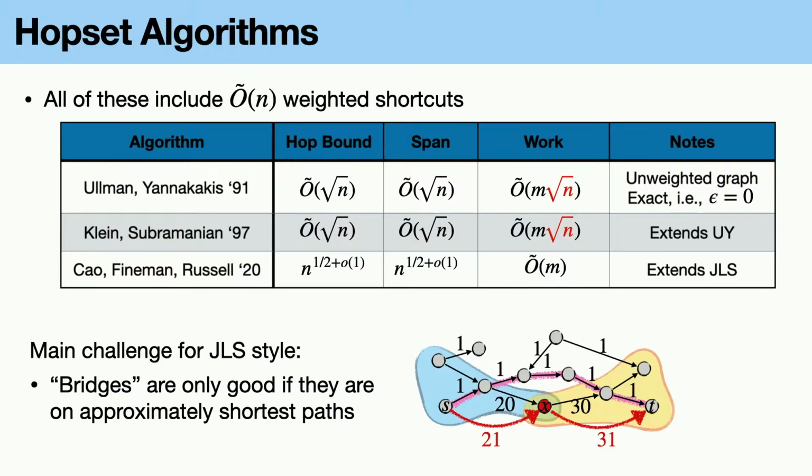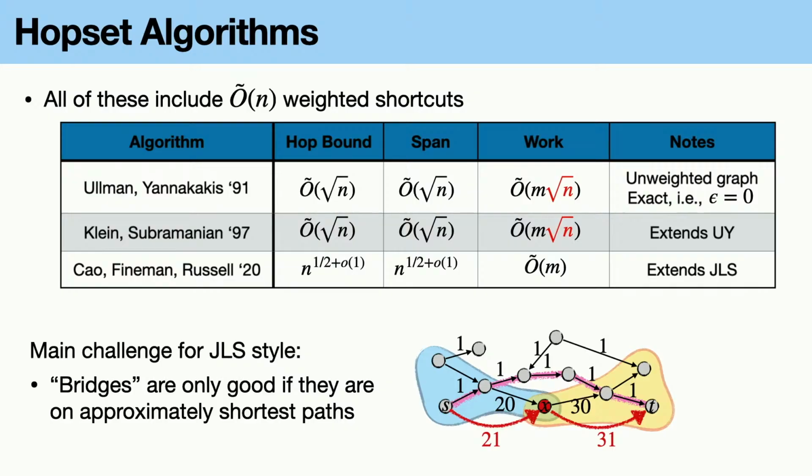Klein and Subramanian showed how to extend the Ullman-Yannakakis algorithm to weighted graphs. It gets pretty much the same complexity, but it's now an approximate shortest path algorithm. And then with Nairen, we showed that you can extend the JLS algorithm to build hopsets as well.